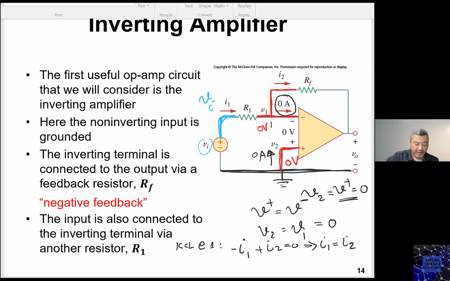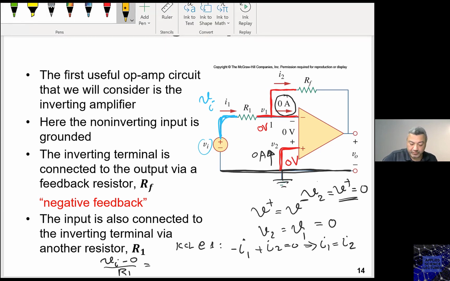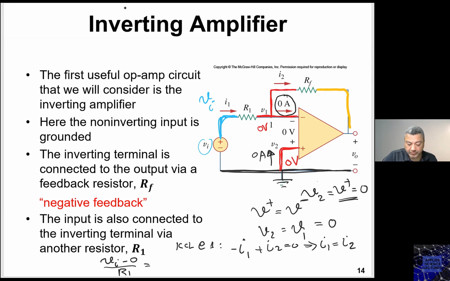So back to my I1. I1 is VI minus 0 over R1, equals, what is I2? I2 is 0 minus V naught over RF.